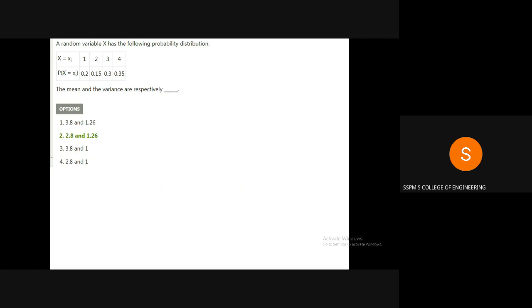Now the next question: we are given a distribution of a random variable and we have to find the mean and variance. We have already solved such examples. So how is the mean calculated? The formula for mean is the summation of x times f of x, where k runs from 1 to 4 for this distribution.